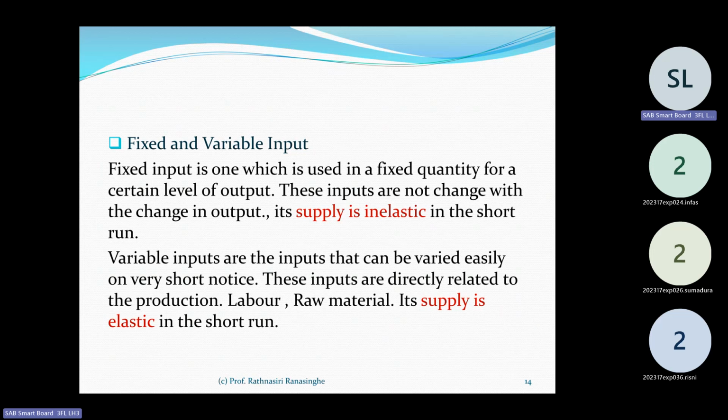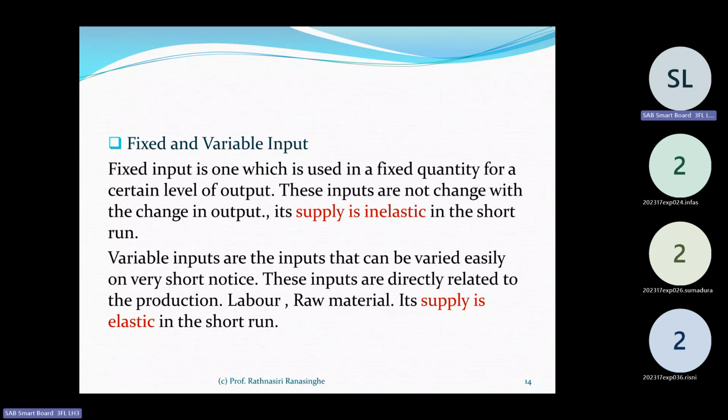That is the maximum output level, right? Suppose currently we are running with 2 workers and the 2 machines. That is short run, right? So we can incorporate more and more. We can hire labor, we can hire another 3 workers, and start the production process.